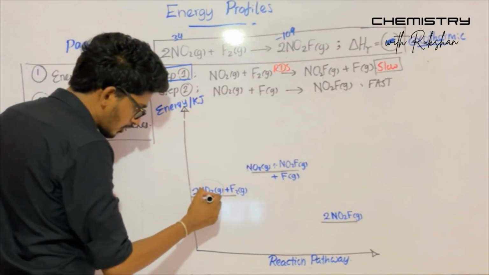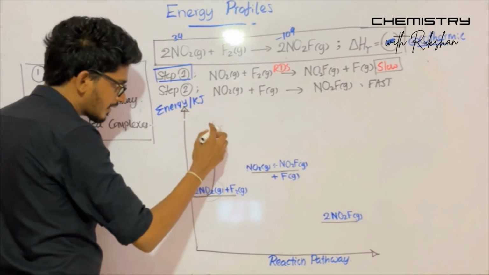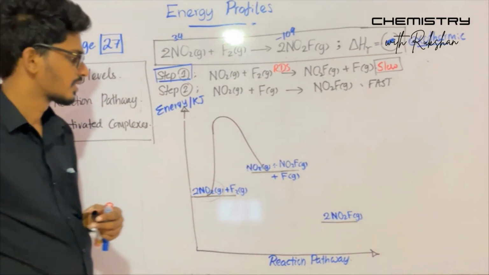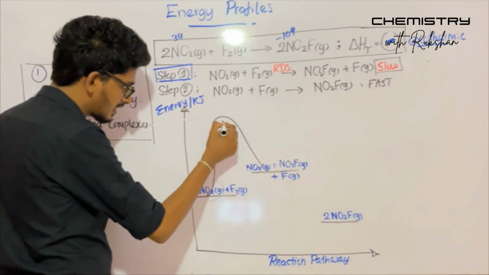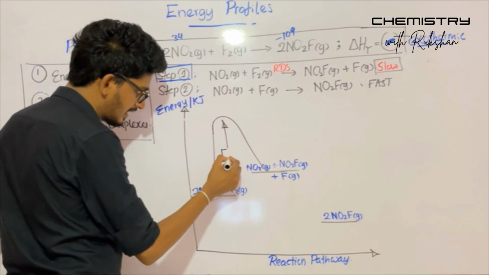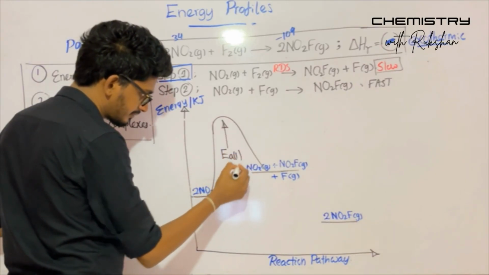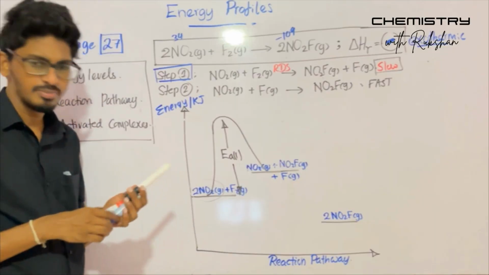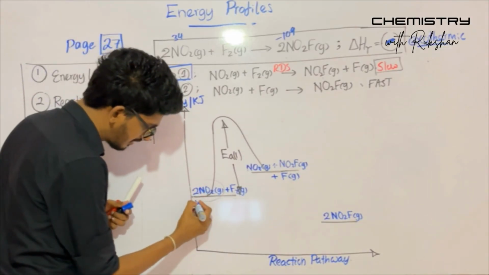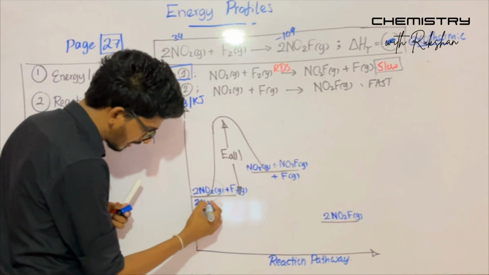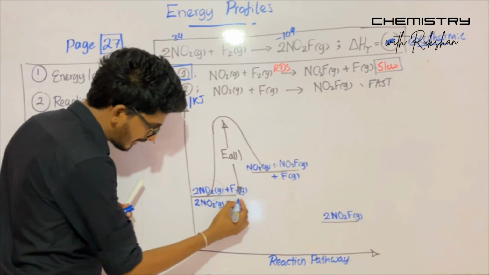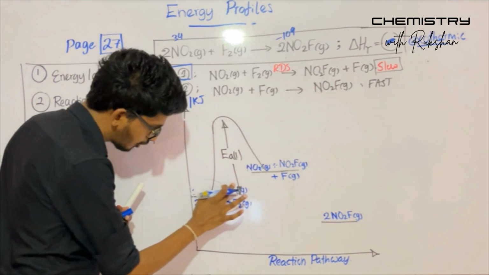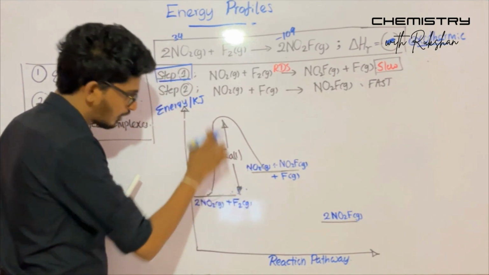So this is the first step. This is the activation energy of that step. Just write it as EA1. Now it's better to write the chemical species at the bottom of the line, then it won't disturb your reaction path.